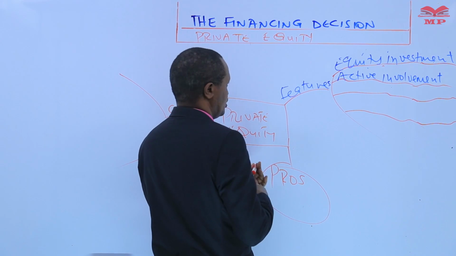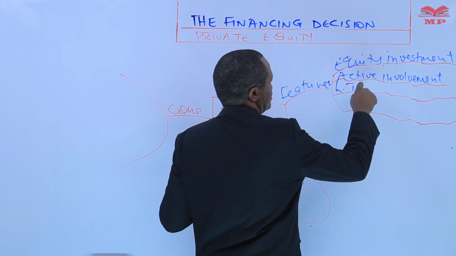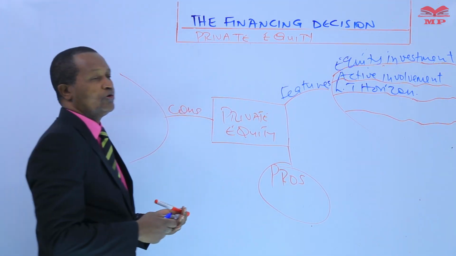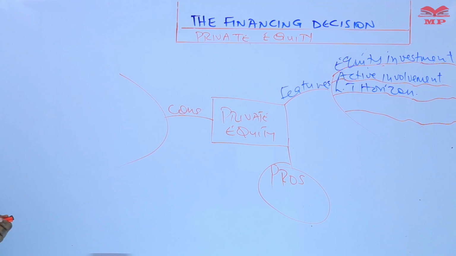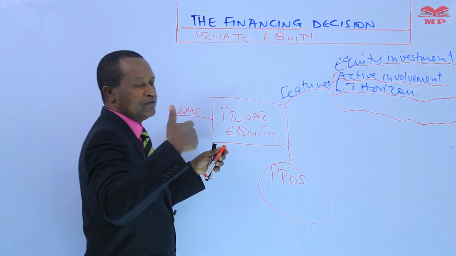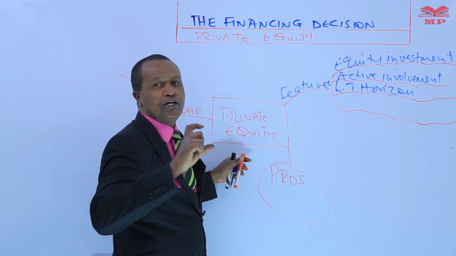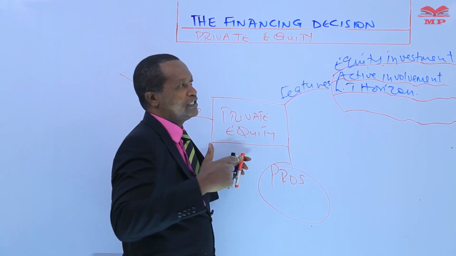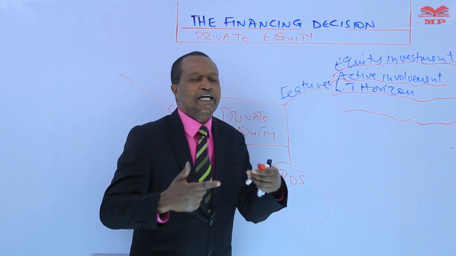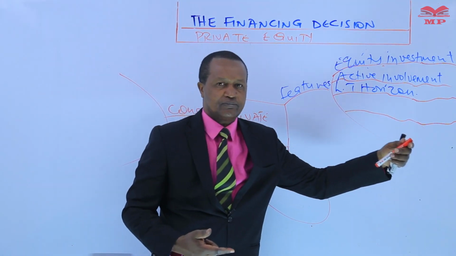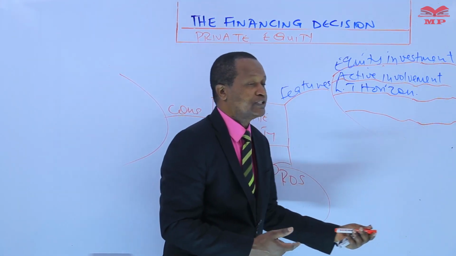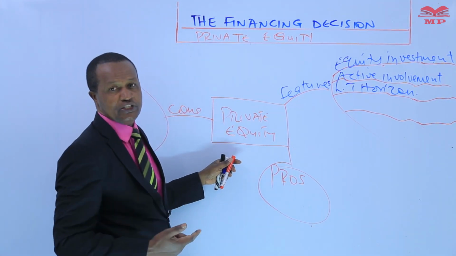Next feature is long-term horizon. Private equity investments have a long-term focus. Investors aim to enhance the company's value over a long period of time before seeking an exit strategy.